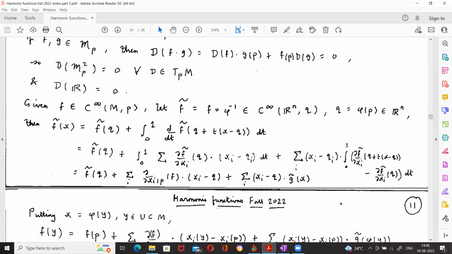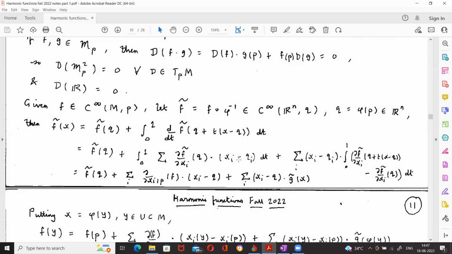The term which I wanted is this term, del xi of f tilde at q plus t(x minus q). What I do is I subtract from this del xi of f tilde at q, and I add also del xi of f tilde at q. So I add and subtract this term. So then what happens? This xi minus qi, these are constants. They don't depend on t. So they come out of the integral.